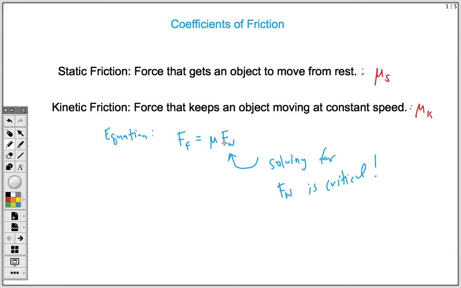They might not just tell you the normal force. You may have to figure out what the normal force is. And then once you know the normal force, and if you're given the coefficient of friction, you just multiply them, and then boom, you have your frictional force. Okay, so let's take a look at an example of this.